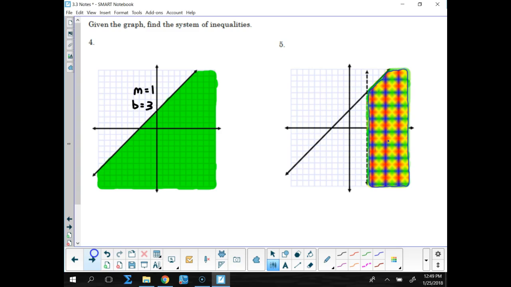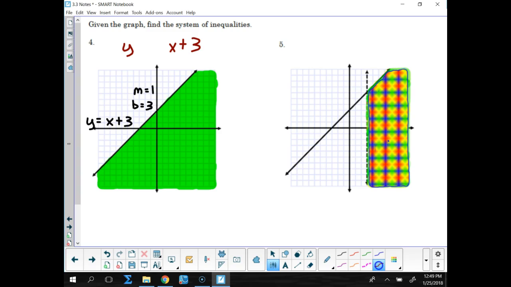So this is the line y equals x plus 3. Correct? Yes? Okay? So I know for a fact that it's going to be y and then x plus 3. I just have to fill in that less than, greater than, less than or equal to, greater than or equal to.